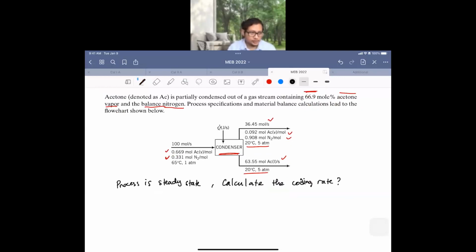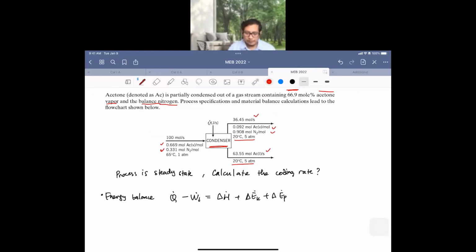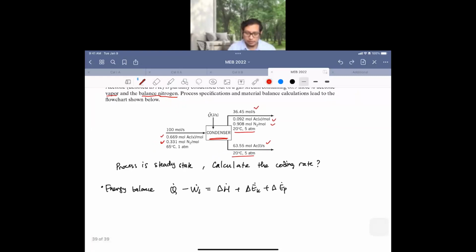So first, perform material balance, but since the amounts are already given in terms of moles, no need to calculate. So maybe we need to write the energy balance. Energy balance for steady state open will be Q, and there's no mention of shaft work, so we take that to be 0.